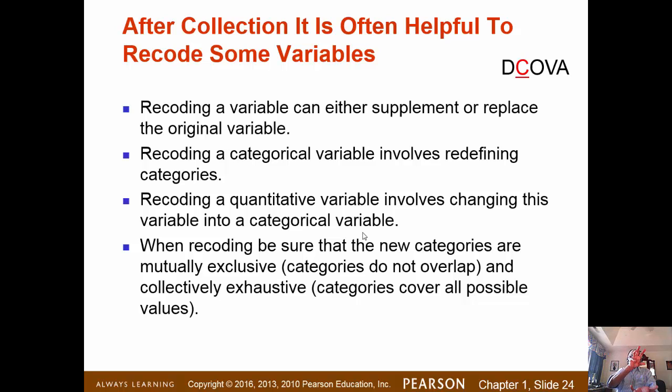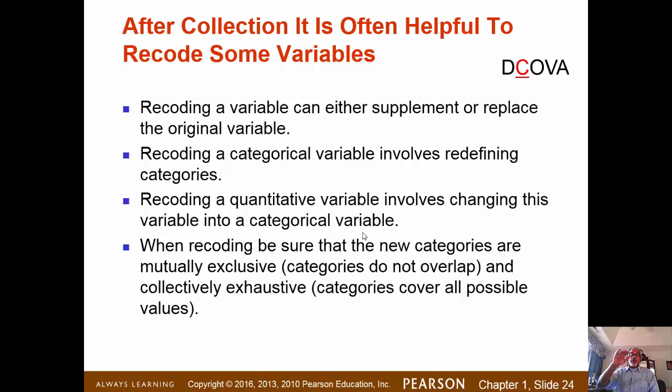Now you want to take that and recode it into College of Business, College of Engineering, College of Arts and Sciences, and so on. So you're going to take a particular column of data and recode it into a different column that represents the original values in a different way. So recoding and redefining the categories.